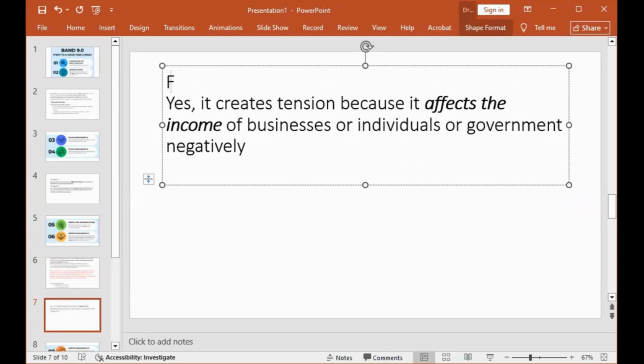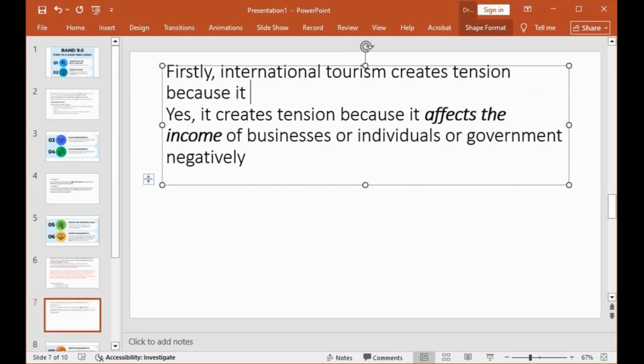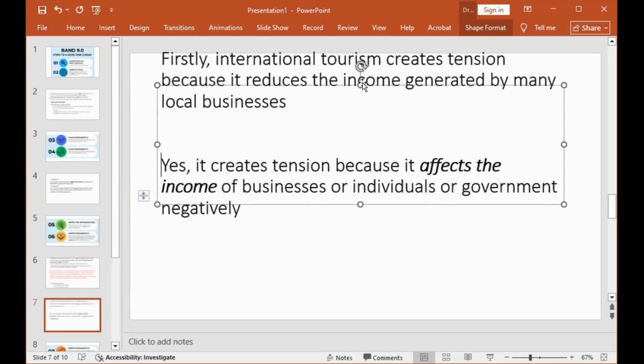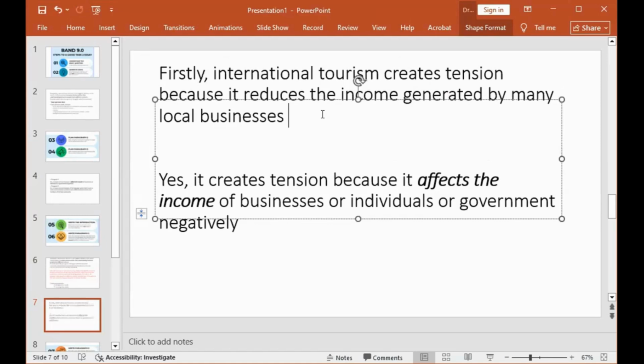I will start by saying: Firstly, international tourism creates tension because it reduces the income generated by many local businesses in different parts of the world.